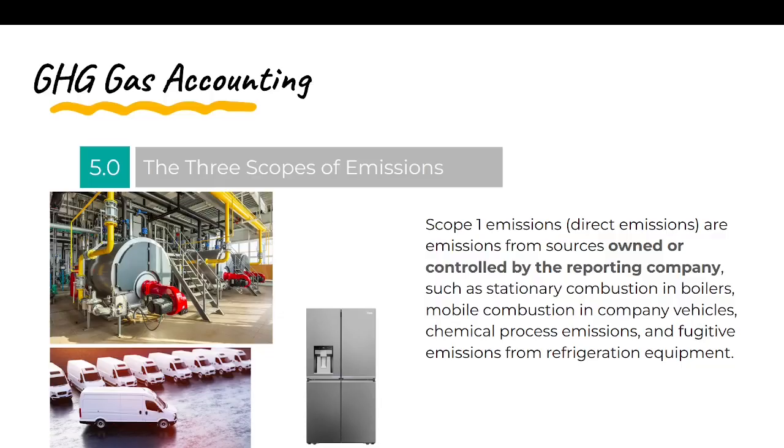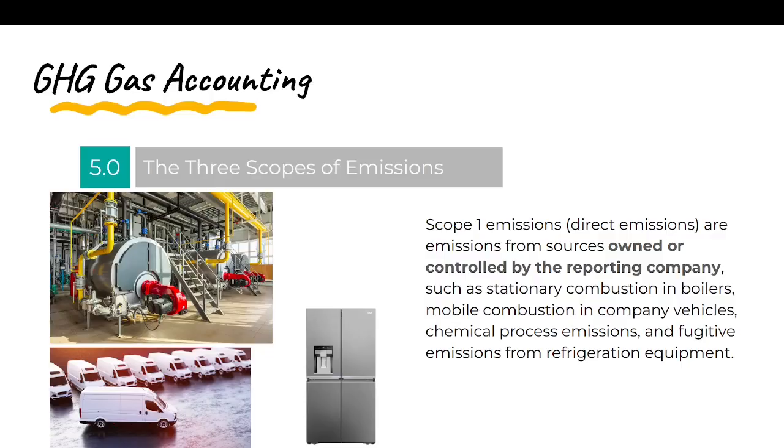So what are some examples of this? If you have a big boiler within your company, there are emissions which are going to result from operating it. So these emissions are categorized as scope 1 emissions. And then you may have company-owned vehicles, of course, which employees may use for their commute to and from the office or for various activities.